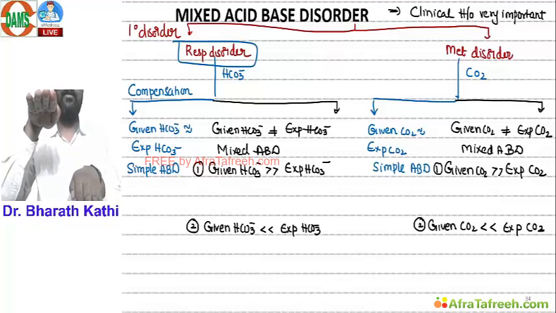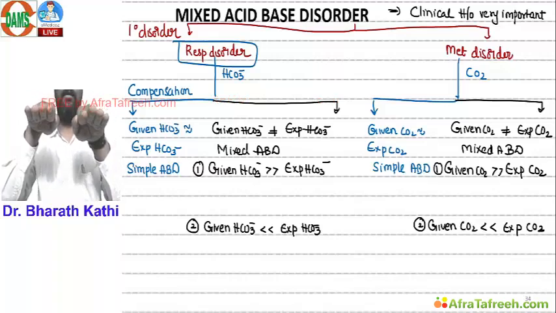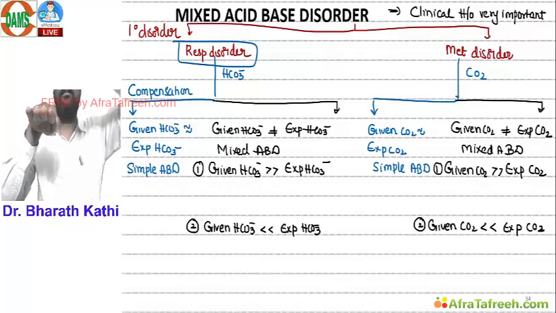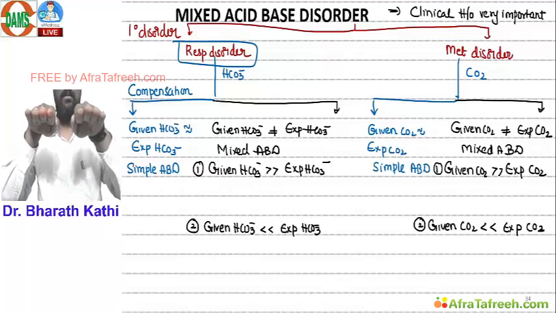Because it is a chronic disorder, for 10 it is 4, for 20 it is 8. 26 plus 8, 34. So if it reaches 34, it is adequate compensation. But in the question, it is 38.